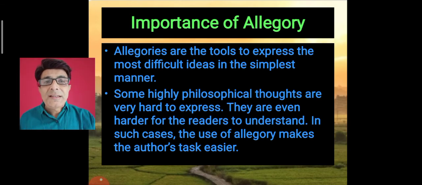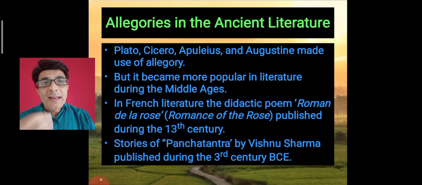In such cases, if the author expresses them directly, the readers do not understand them. So the use of allegory makes the author's task much easier. That's why allegories are very important.